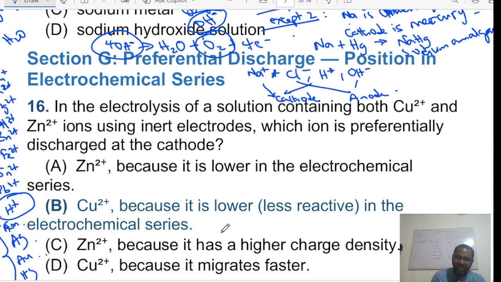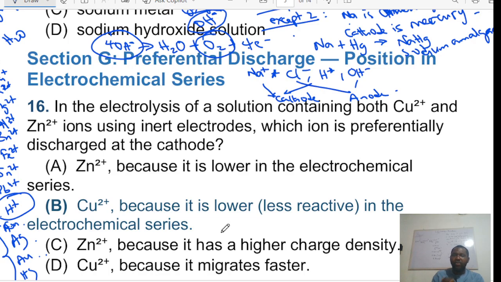Please note this. There are 3 factors that affect preferential discharge. One of them is the position of the ion in the electrochemical series, which is just what I explained. The second is the concentration of the ion. I explained that using chlorine. I said that if chloride is concentrated, oxygen will not be produced; chlorine will be produced, like in concentrated sodium chloride.